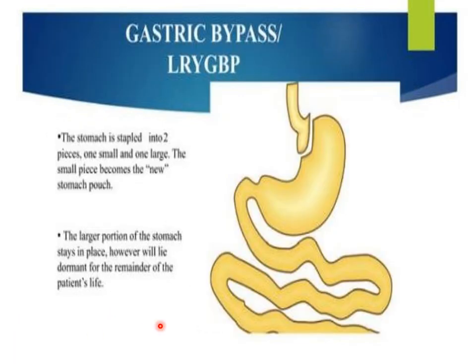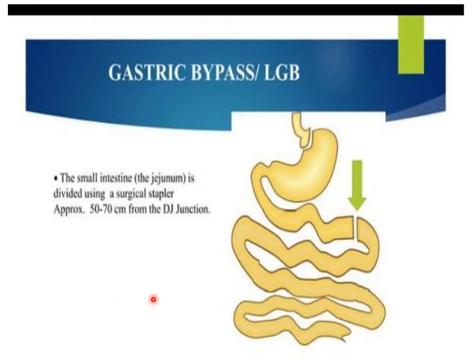As you see here, the first step, they will cut a small pouch at the fundus. Next slide. They will cut the proximal part of the jejunum, as shown in this picture.